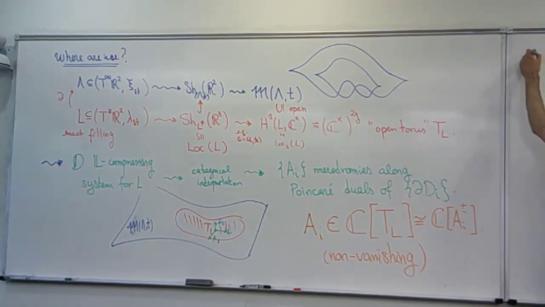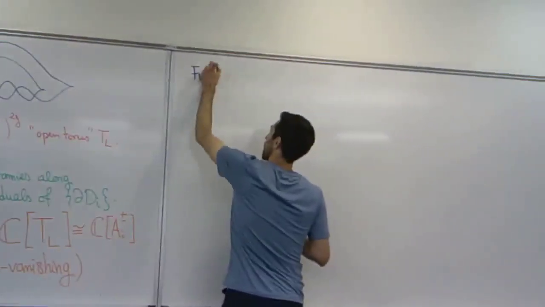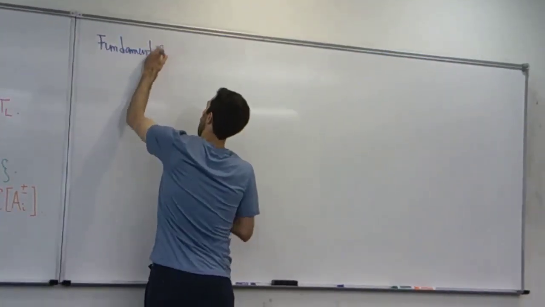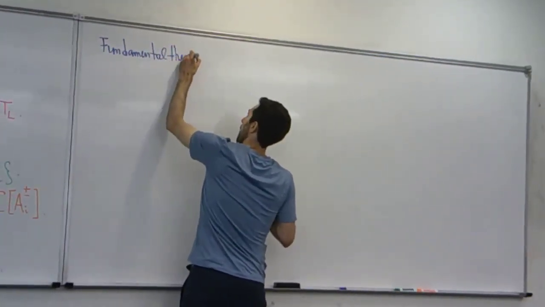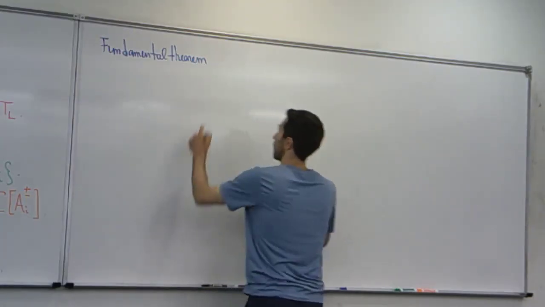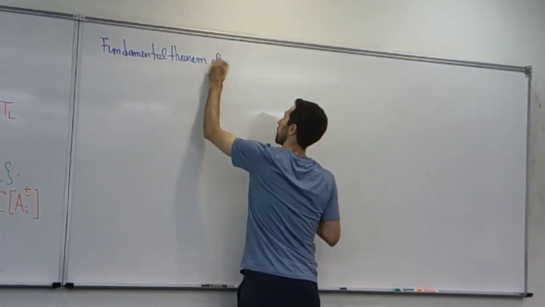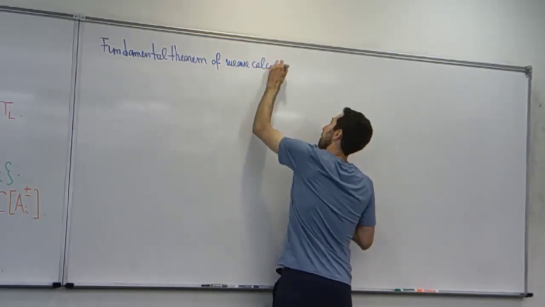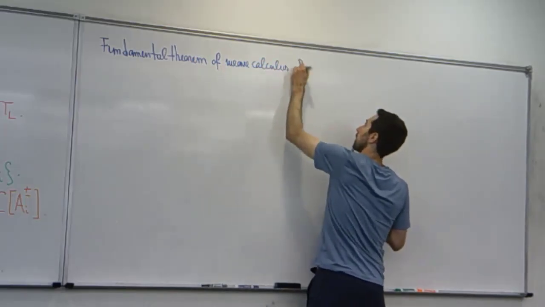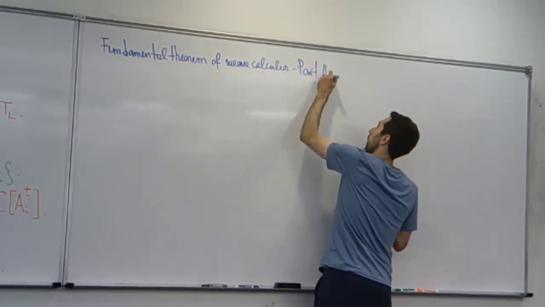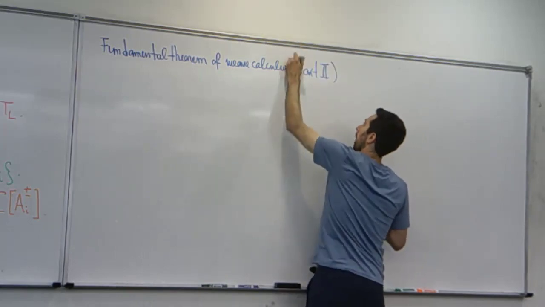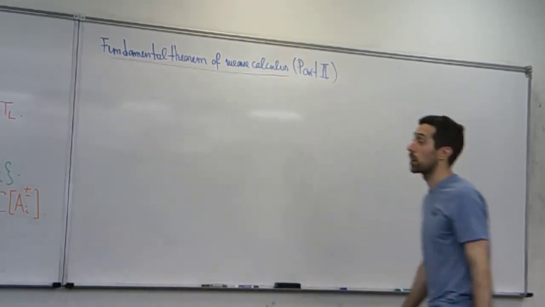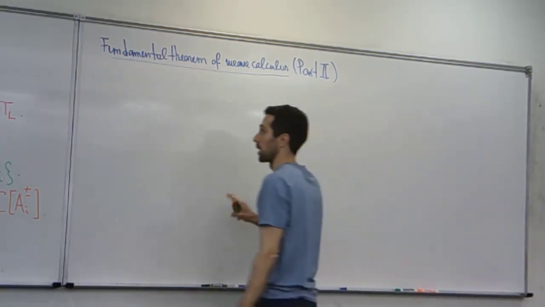Okay, so now the fundamental theorem of this Legendrian calculus, part 2. It's exactly about those coordinates. The fundamental theorem, part 2, is that this moduli space, the structure that its ring of functions has, is particularly good.